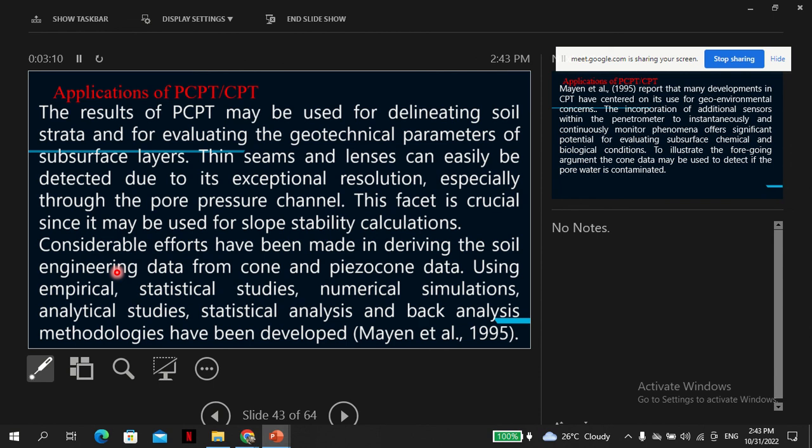This facet is crucial since it may be used for slope stability calculations.